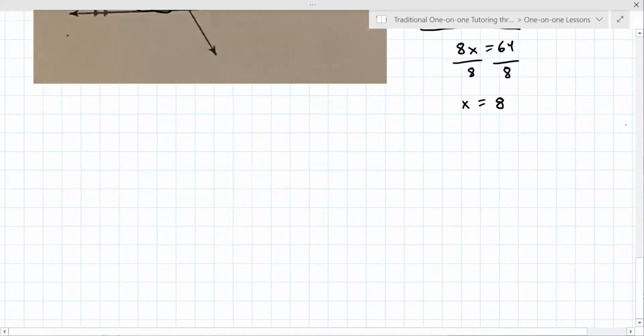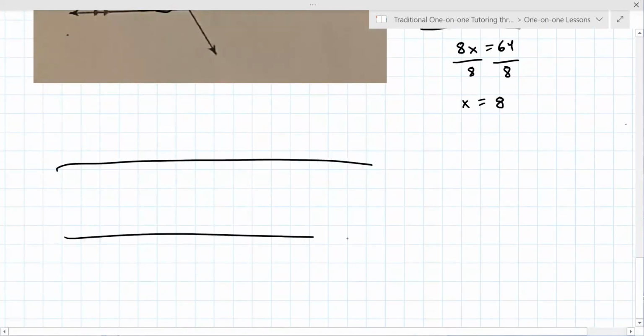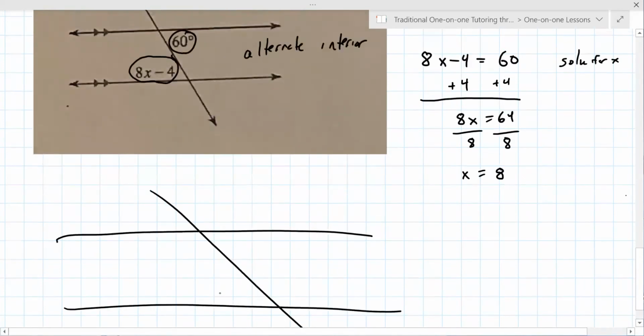All right, let's do another one. Let's change it up slightly. Let's make up another number. Let's say this is 8x minus 2, and this is 70. Go ahead and solve for x, please.